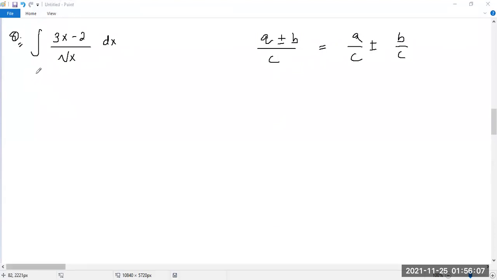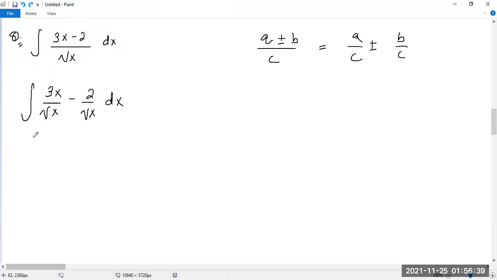So what we'll essentially do in this case is say that taking the integral of this piece is the same thing as taking the integral of 3x over under root x minus 2 over under root x dx. And we know that if we're taking the integral of a function plus or minus another function, then we can take the integrals of these functions separately and then combine them with whatever operation was bounding them together.